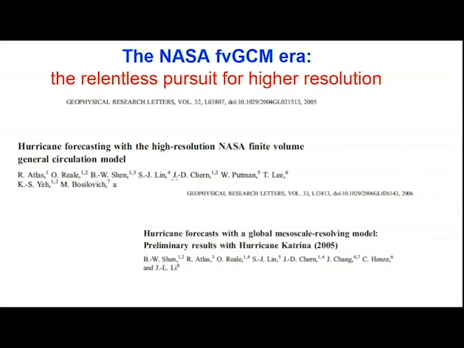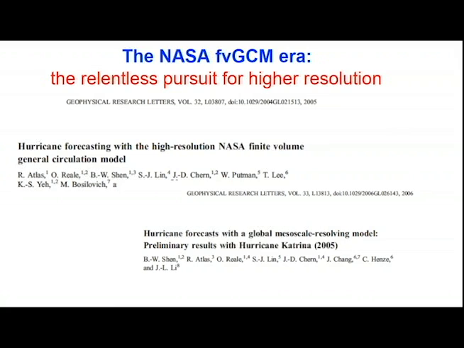So at the time, we certainly wanted to push to as high a resolution as we could. There are so many other papers, but I put two representative papers. One is written by Bob here, and the other by Bowen, who is also here. This is high-resolution fvGCM, on typhoons and hurricanes. This was really pushing the resolution boundary toward what's called a global mesoscale-resolving model.